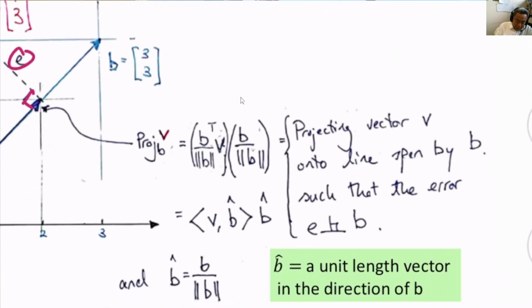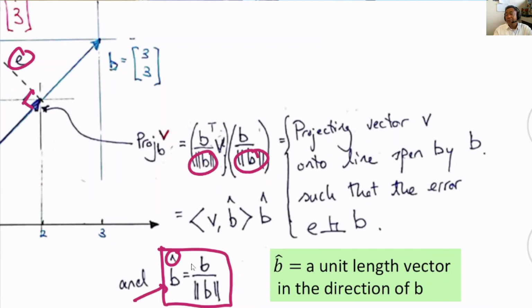We are going to break the norm into two parts. Now, b over the norm of b is called the unit length vector of b in the direction of b, so b hat is the unit length vector of b in the direction of b. Unit length means that the length of this vector is 1. That's all.